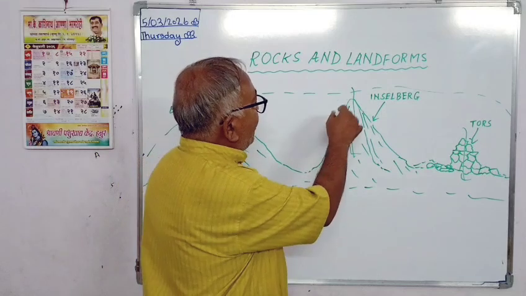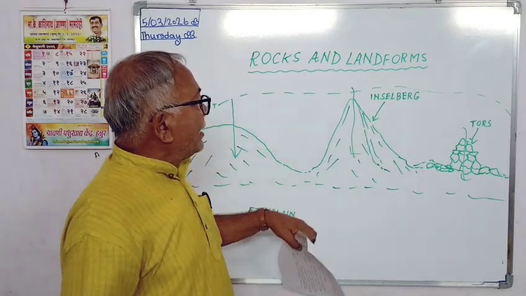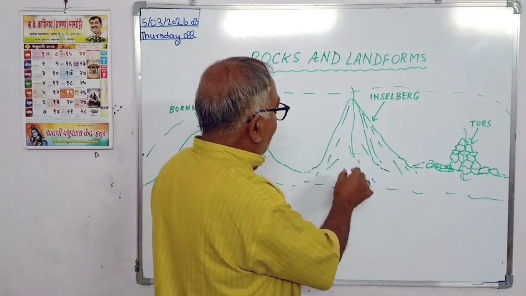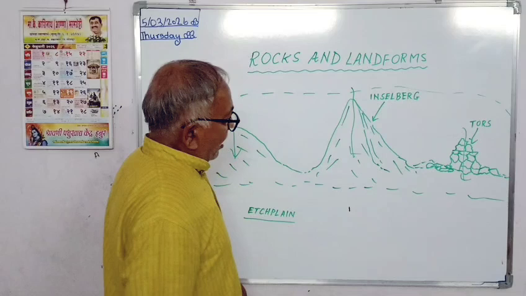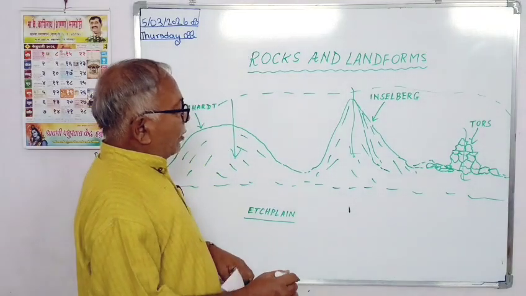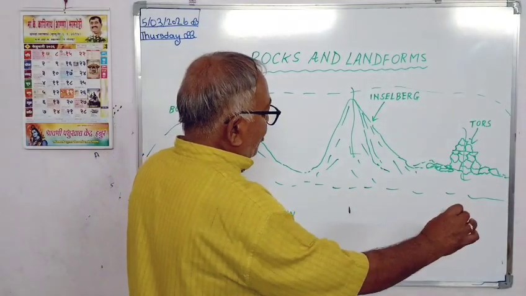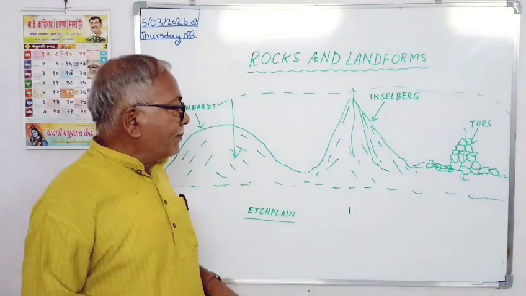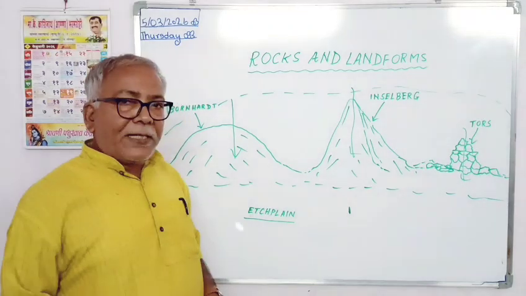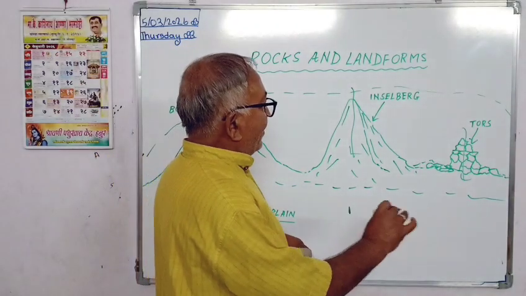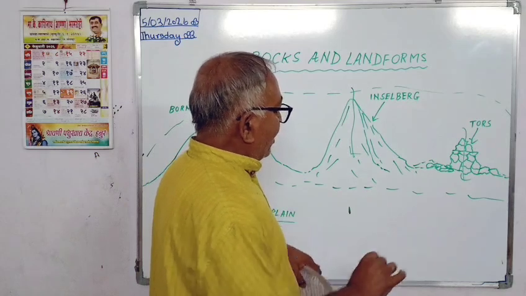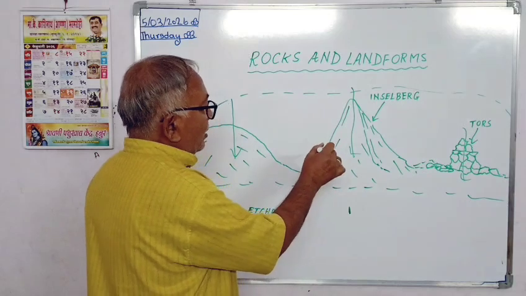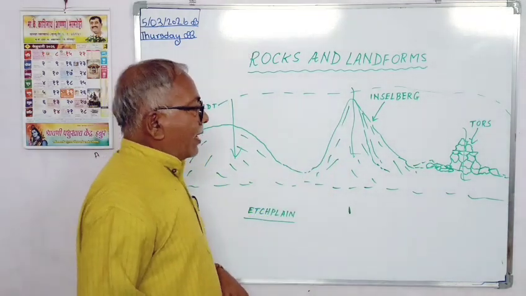So ultimately this typical form of landform is known as the inselberg. Materials which were dislodged from the body of this standing landform were transported and distributed by marine processes at that time, particularly in the Cretaceous period, onwards to the pedimented or pediplain surface areas. So it is now standing in the form of the inselberg.